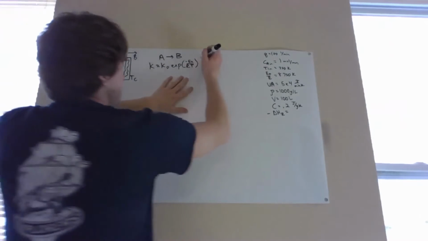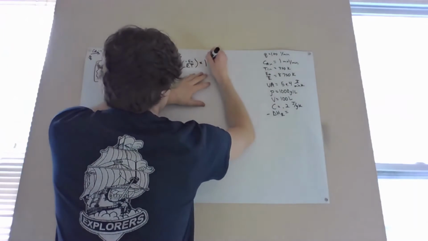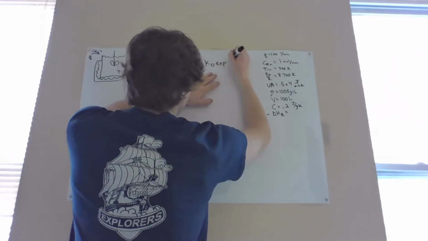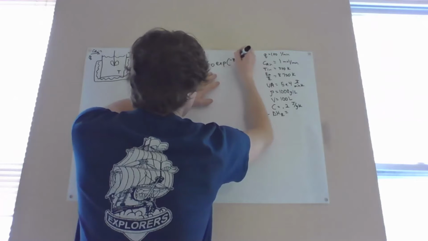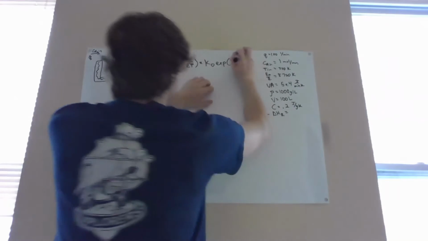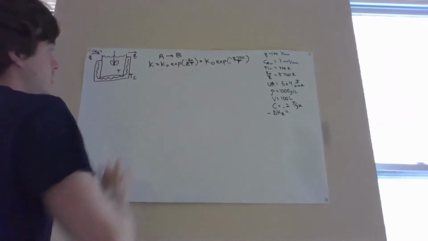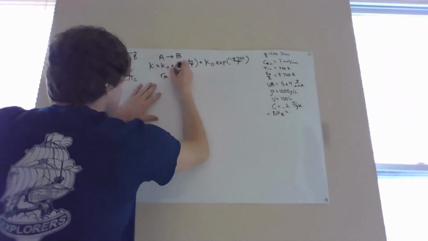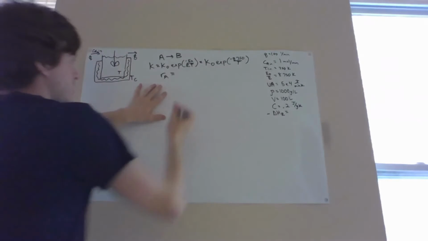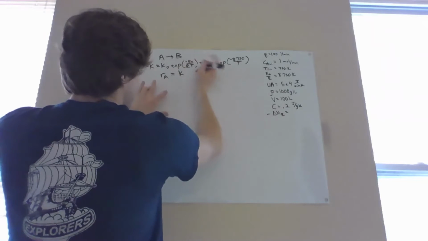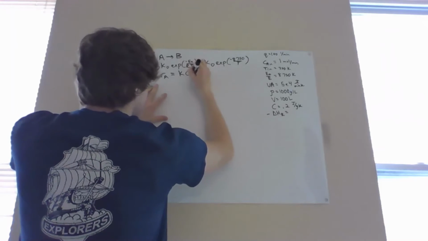So we can rewrite this as the rate constant K times the exponential function of negative 8,750 over temperature.